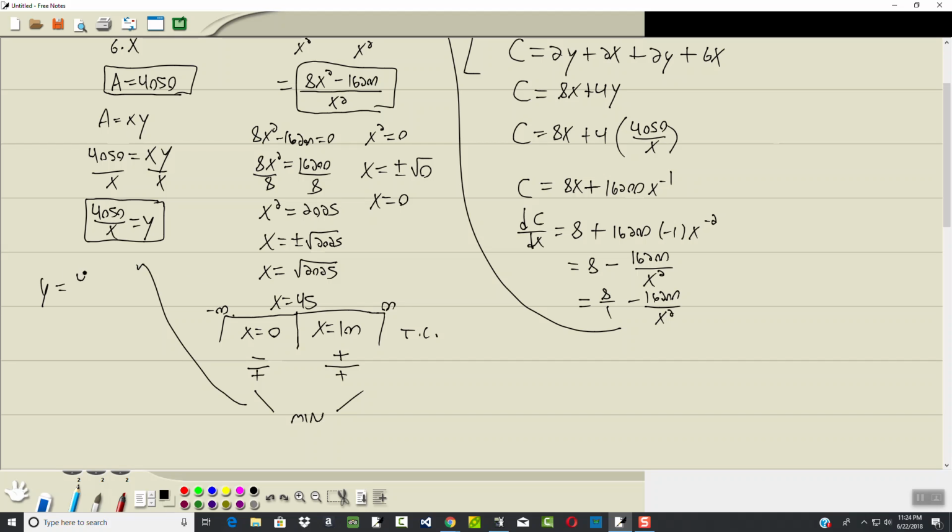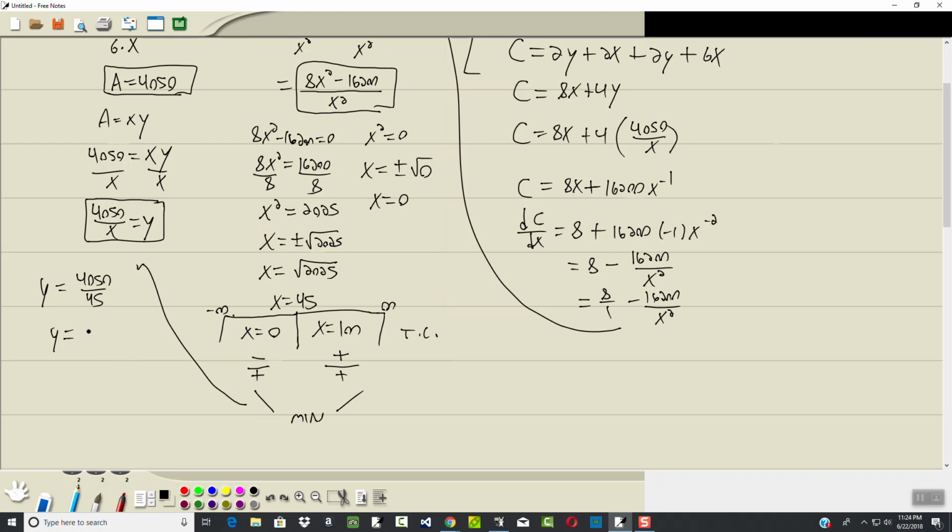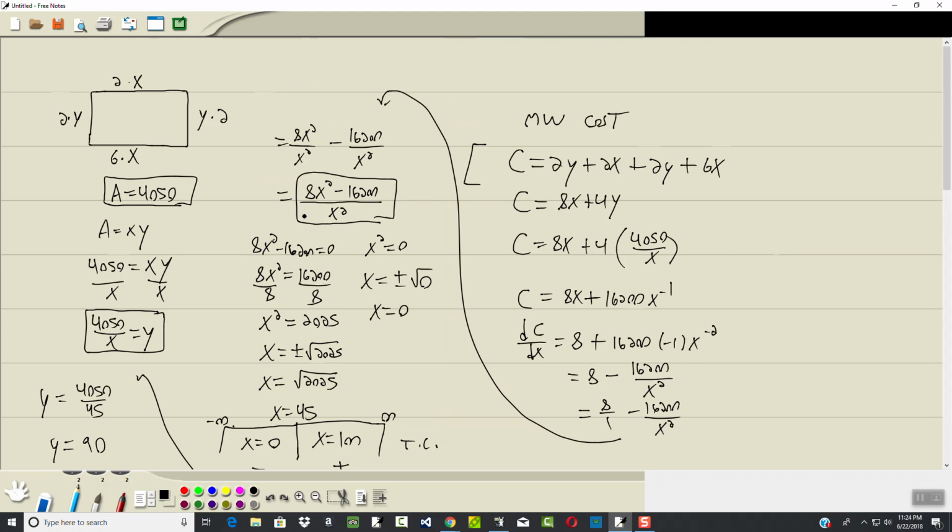So you got y is equal to 4,050 divided by 45, which is 90. Interesting. y is 90. Obviously the picture I drew is distorted, but those would be our answers.